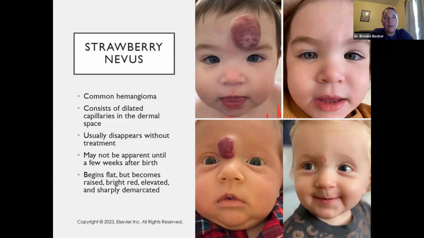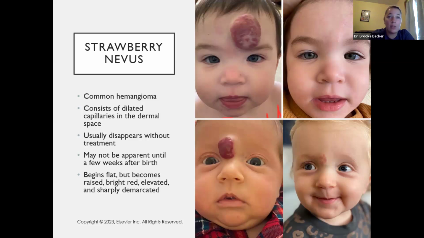You can see some of these disappear without treatment, but a lot of times if they're raised like this and really red, then they do end up getting treatment with topical timolol, which is most common. That helps decrease the raised area and makes it more flat and less red.